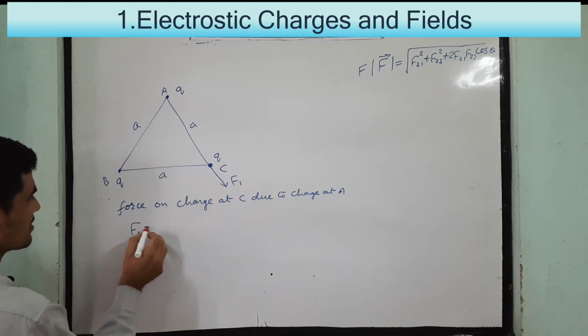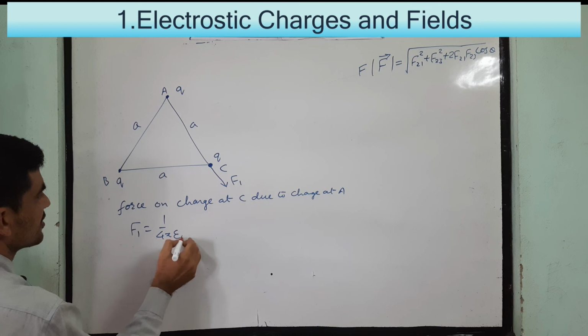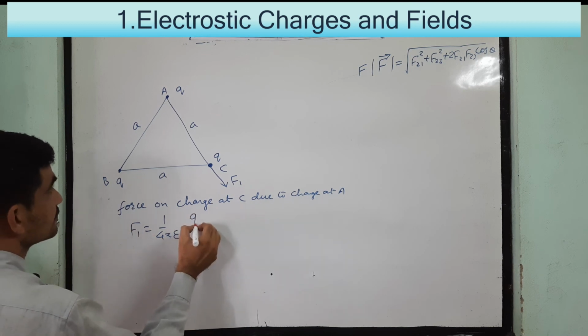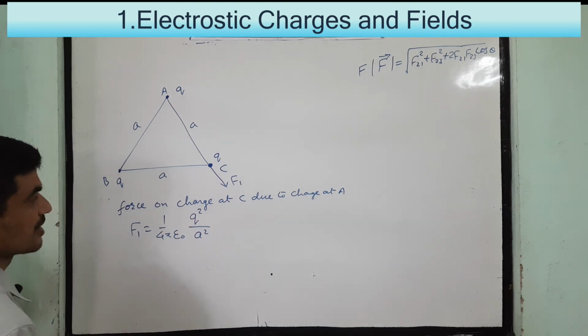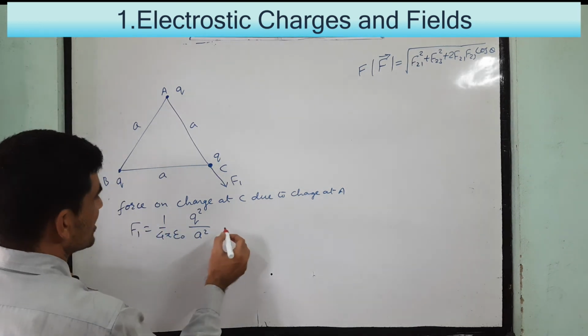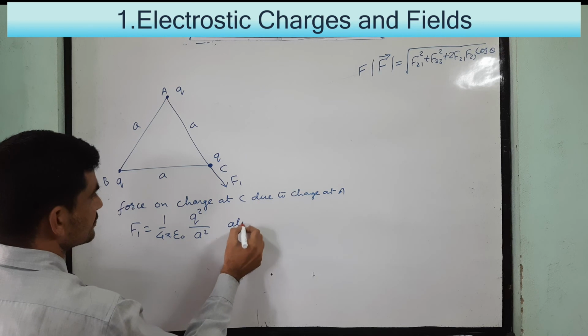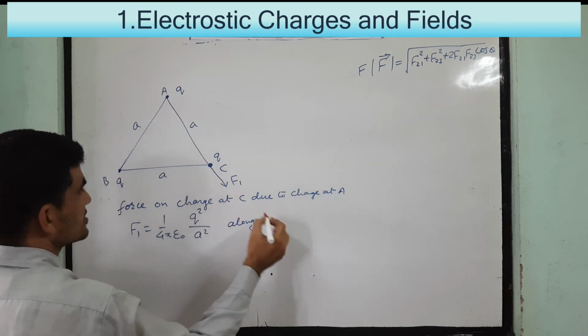We can get F1 equal to 1 upon 4 pi epsilon naught q1 q2 divided by a square, and its direction I am writing here, along AC.